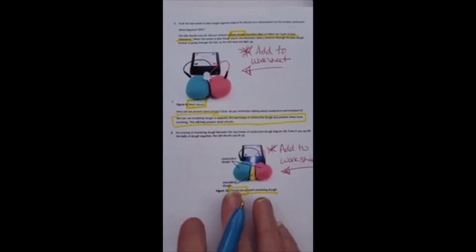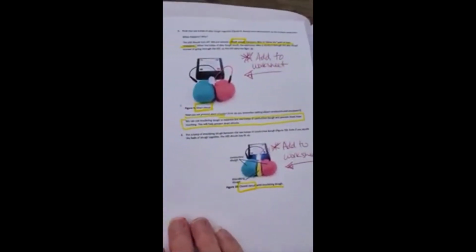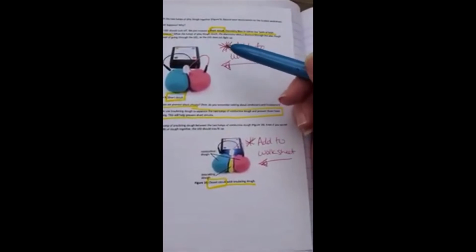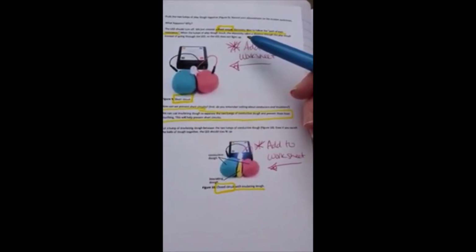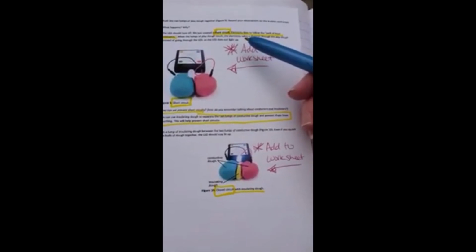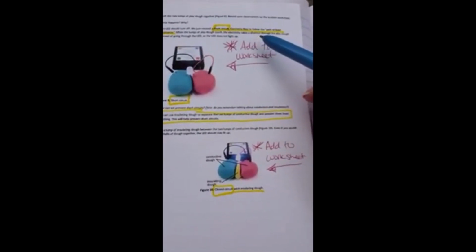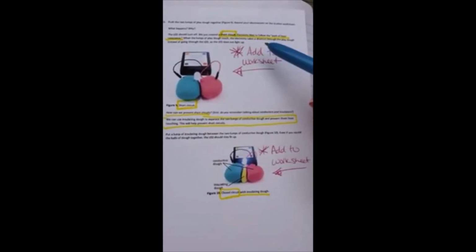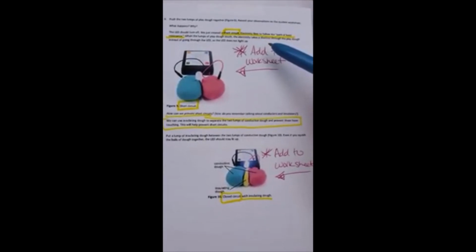Okay, so we're back on our worksheet now. This was just right behind the main worksheet we're filling out, just in case you can't find it. So we're going to add this short circuit definition to the worksheet and then describe what we just saw. When the lumps of clay touch, that creates the short circuit where the electrons skip going through the light bulb. They decide, I'm just going to go through that shortcut of the clay because they're touching.